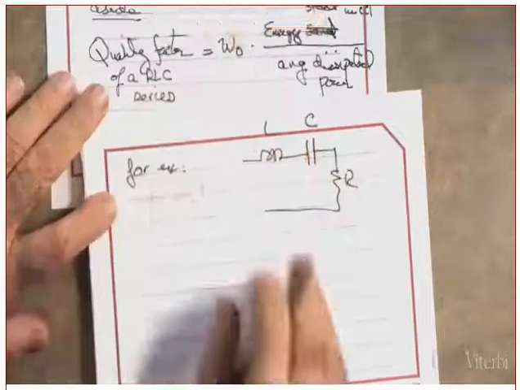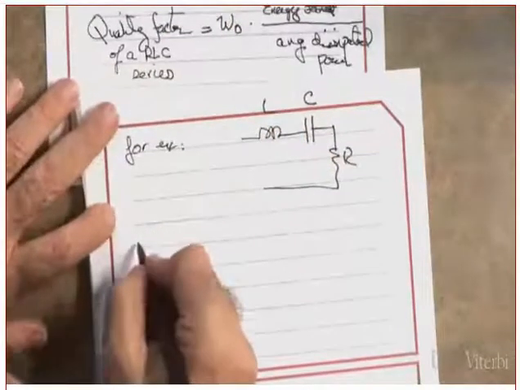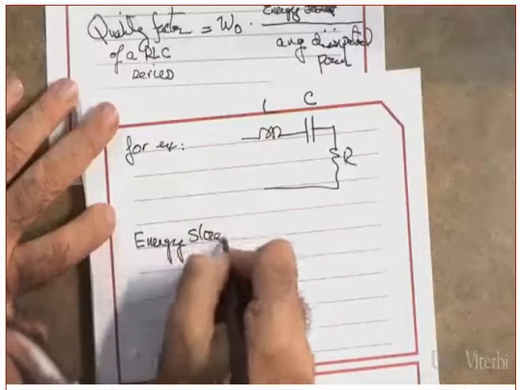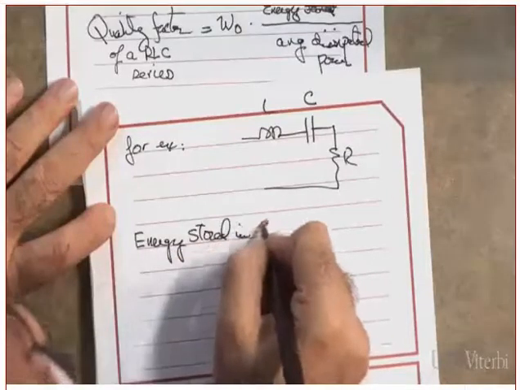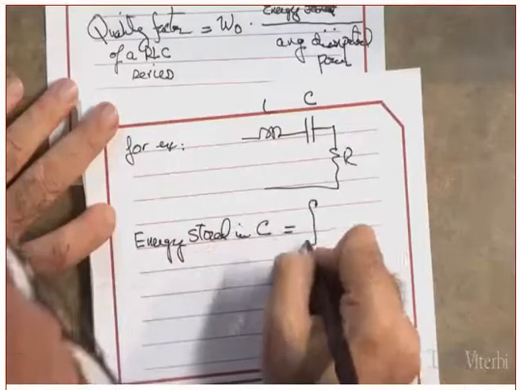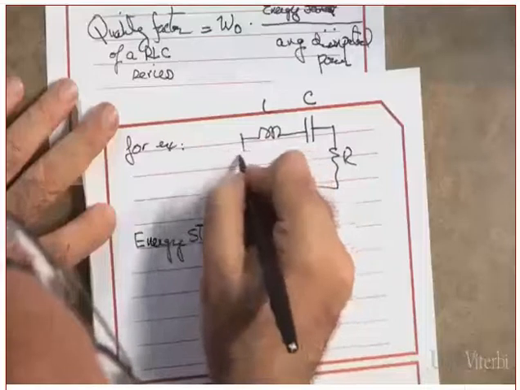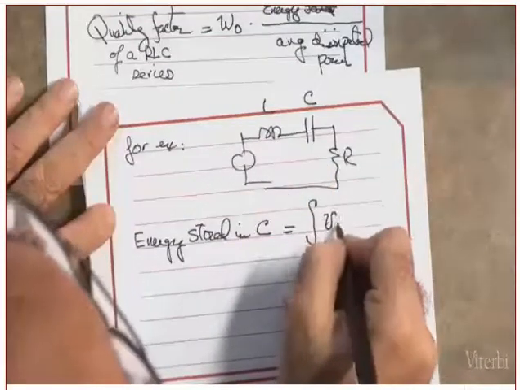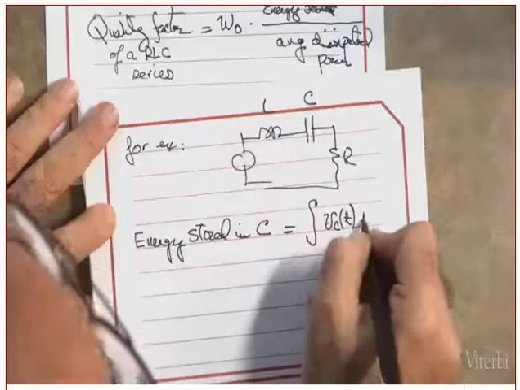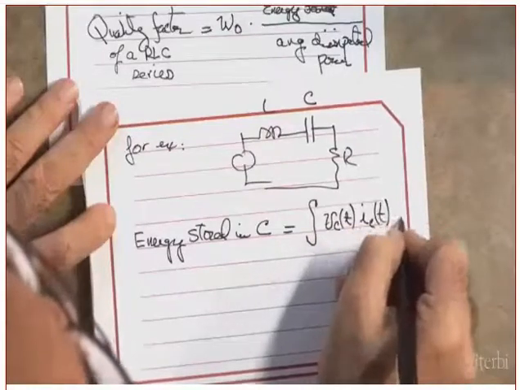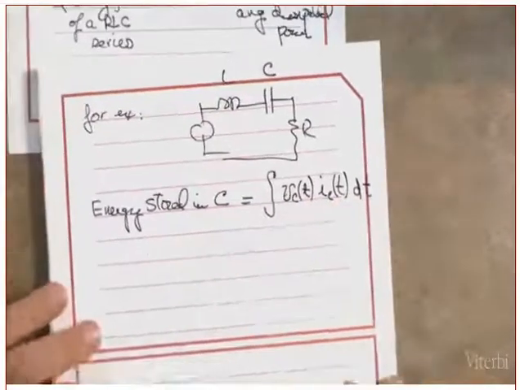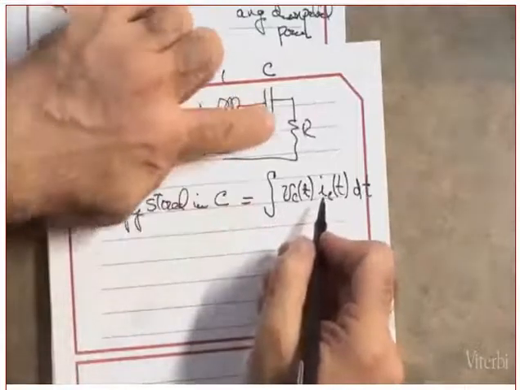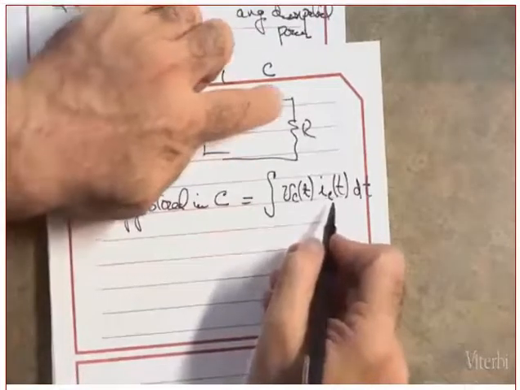Energy stored in C is equal to the integral of Vc(t) times Ic(t) dt, where Vc is the voltage across the capacitor and Ic is the current through the capacitor.